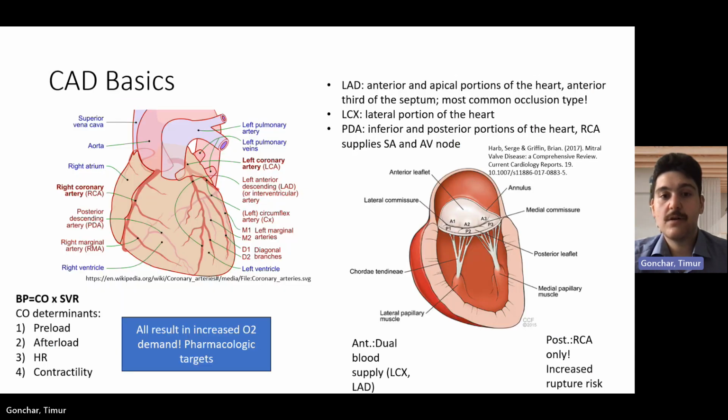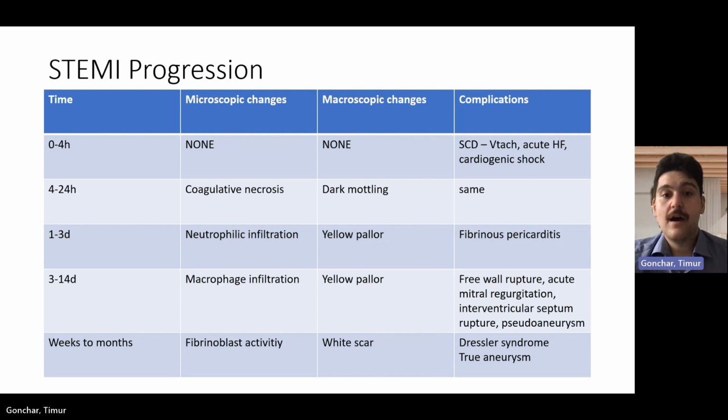You've got the posterior leaflet destruction with acute cardiogenic pulmonary edema with other symptoms of left ventricular and atrial dysfunction. Then we've got the interventricular septum rupture, which will result in the VSD, ventricular septal defect, with a characteristic holosystolic murmur at the left sternal border.